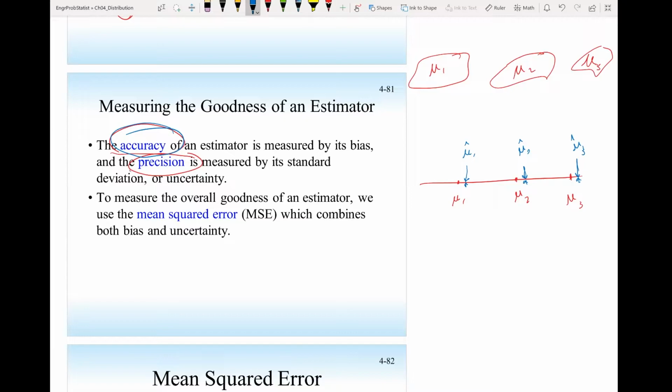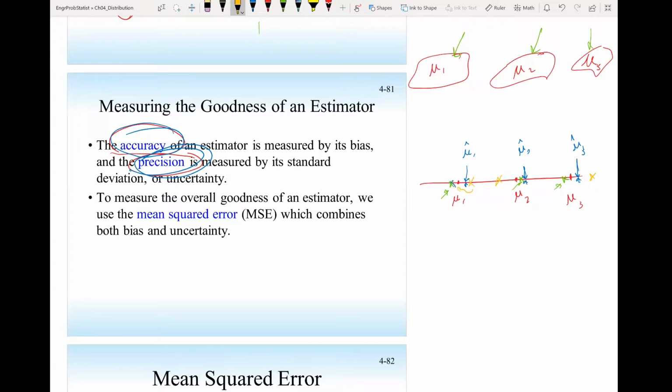Now precision. With an algorithm you came up with, sometimes it estimates here the value for mu1, sometimes here for mu2, another time maybe here for mu3. Same algorithm, but you apply it to different populations, and these are the estimates. Versus another point estimator that maybe estimates sometimes here, sometimes here.